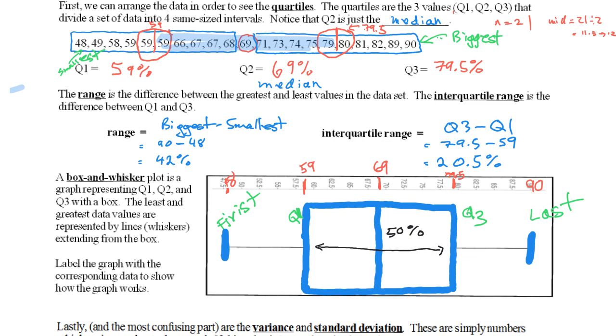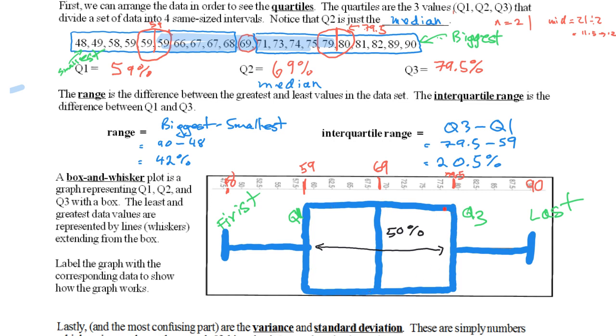Now, the last thing to do to emphasize the fact that all of this information is connected is we draw a line from the edge of the box to the two whiskers. And this is why it looks like a box and whisker plot.